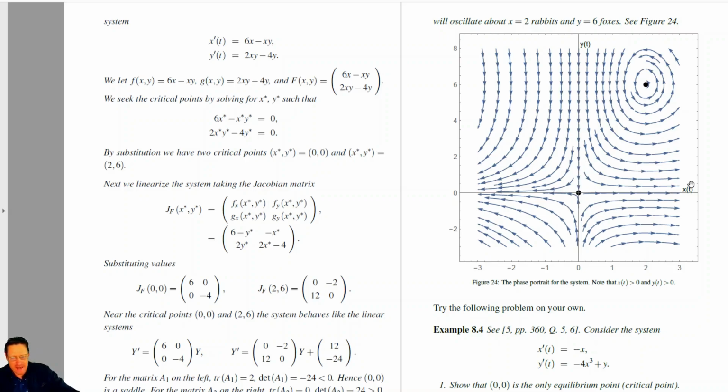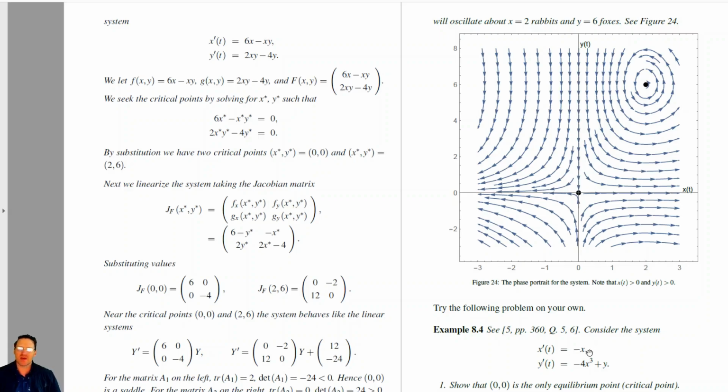All right, let's have a look now at example 8.4. Consider the system x dash is minus x and y dash is minus 4x cubed plus y. Show that 0, 0 is the only equilibrium point or critical point. Well, that's easy here, because if we have a critical point, then the first equation must be equal to 0.